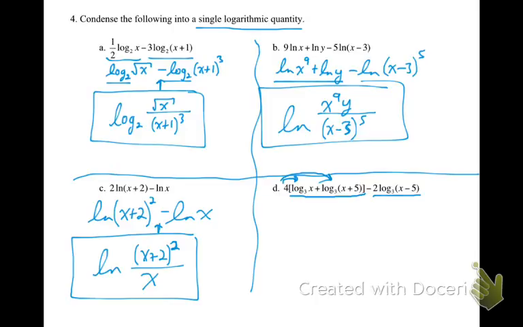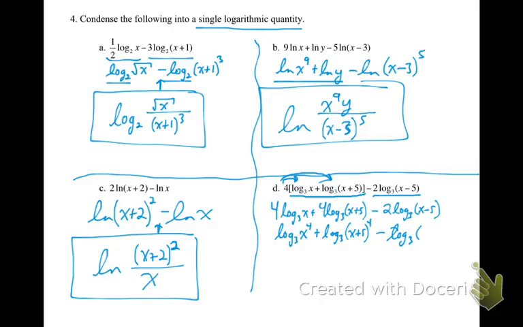So let's distribute that 4. Let's make this 4 log base 3 of x plus 4 log base 3 of x plus 5, and then subtract off the 2 log base 3 of x minus 5. So two things being added together, so that's going to become, in the long run, a multiplication of x to the 4th, as well as x plus 5 to the 4th.